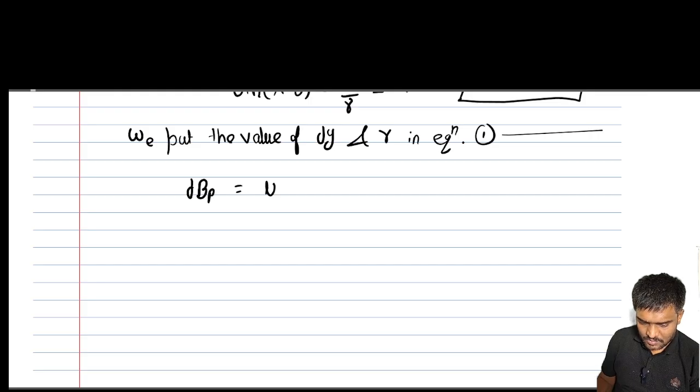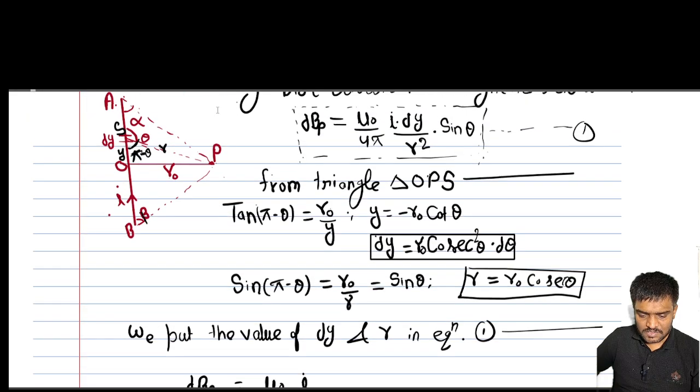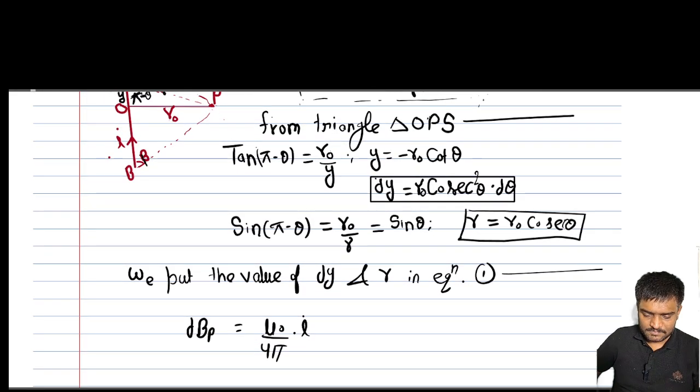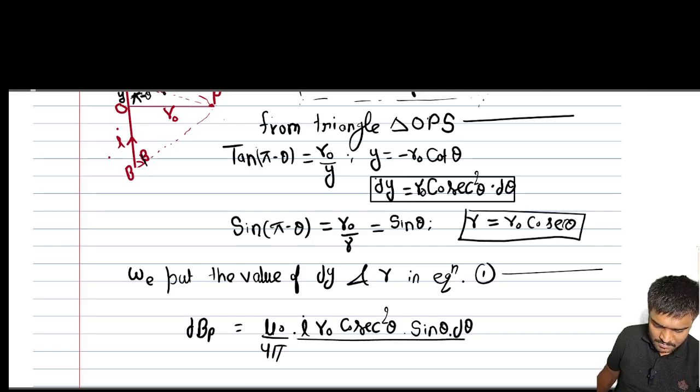After putting the values, we will get dBp is equal to mu naught upon 4 pi I dy, where dy is r naught cosec square theta d theta, but one more factor is sine theta into d theta, upon r square, meaning r naught square into cosec square theta.